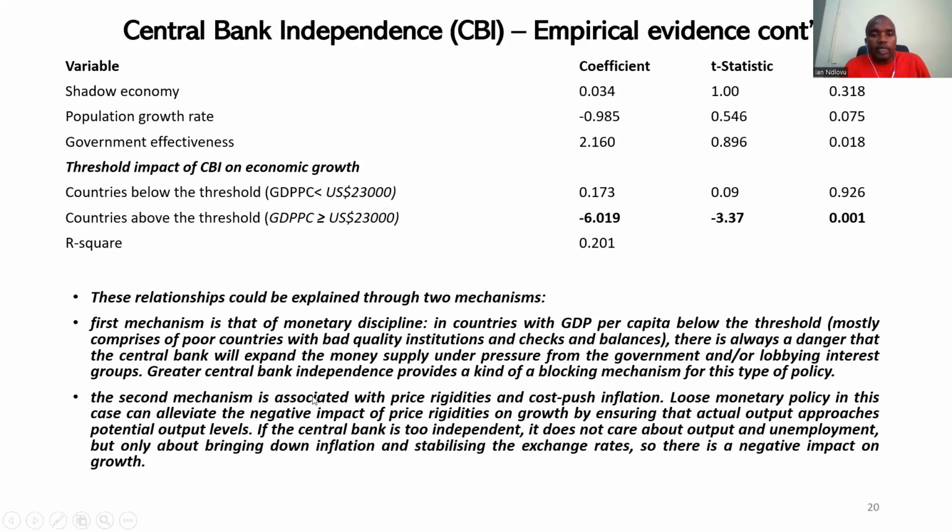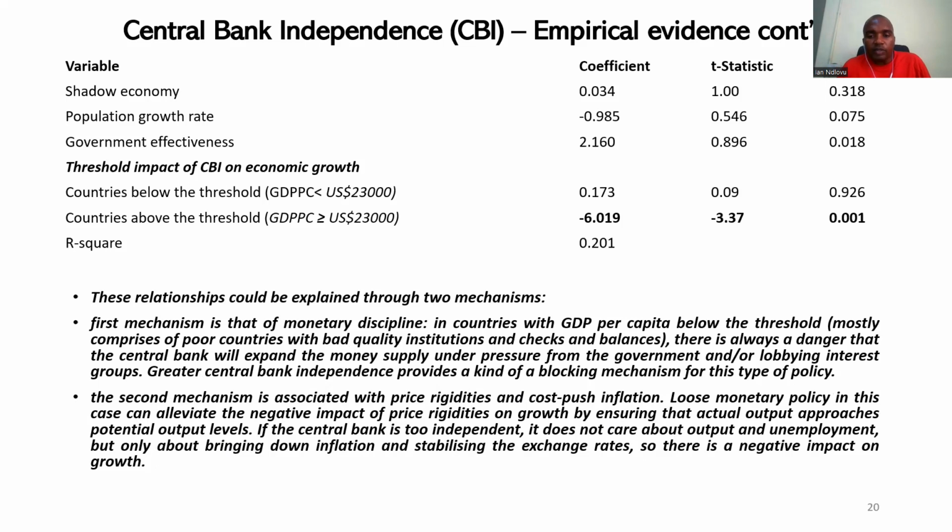And then the second mechanism is associated with price rigidities and cost-push inflation. Loose monetary policy, in this case, can alleviate the negative impact of price rigidities on economic growth by ensuring that actual output approaches the full employment level of national income.